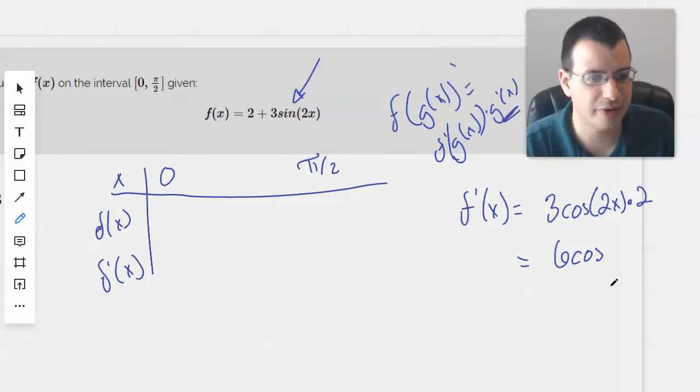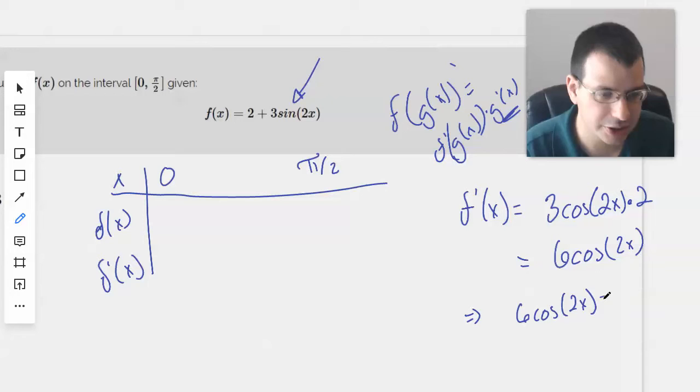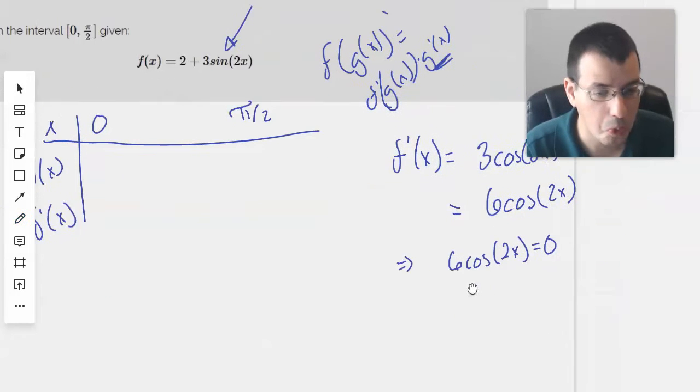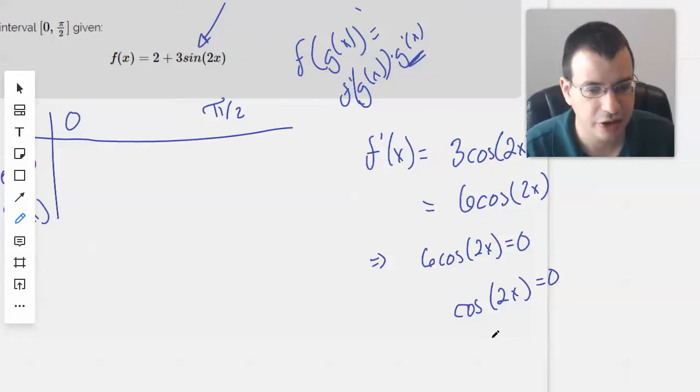And with this, g prime of x here is the 2. Okay? And then we'll set this equal to 0. 6 cosine 2x equals 0. Cosine of 2x equals 0. Divide both sides by 6.